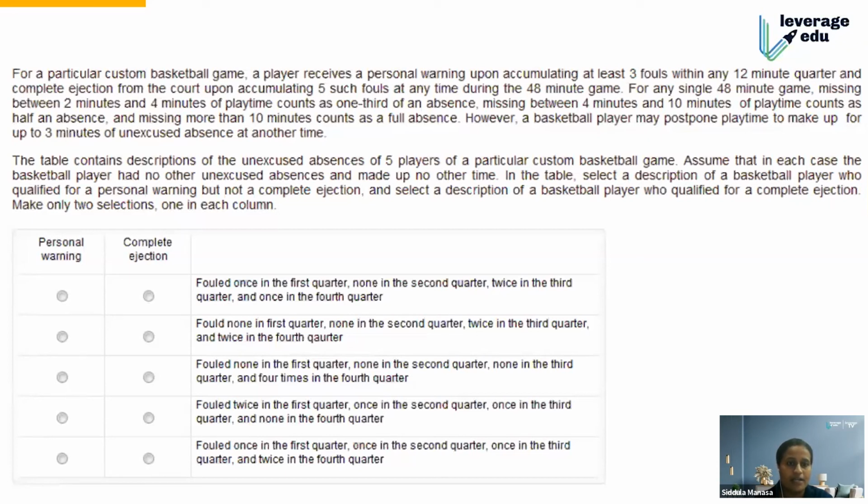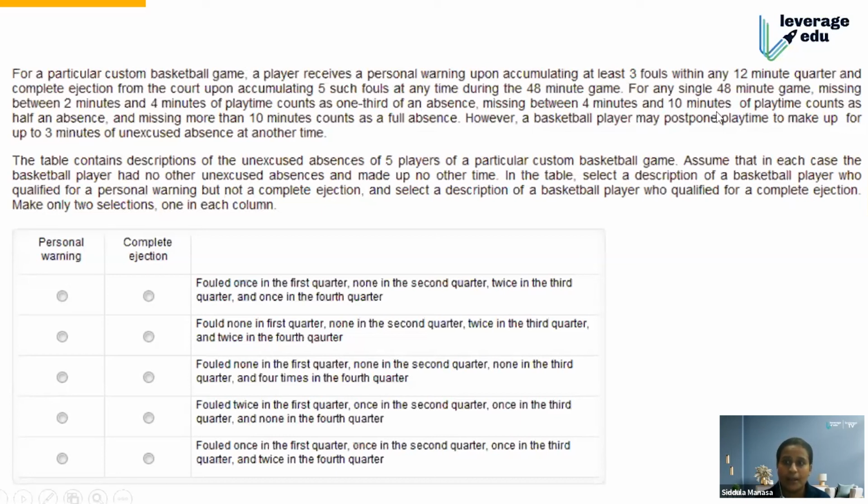For a particular custom basketball game, a player receives a personal warning upon accumulating at least 3 fouls within any 12-minute quarter and complete rejection from the court upon accumulating 5 such fouls at any time during a 48-minute game.